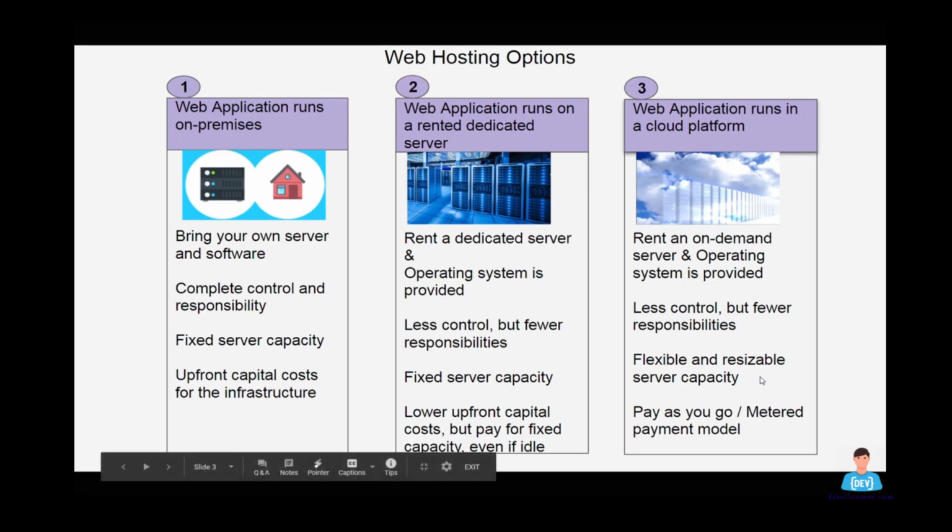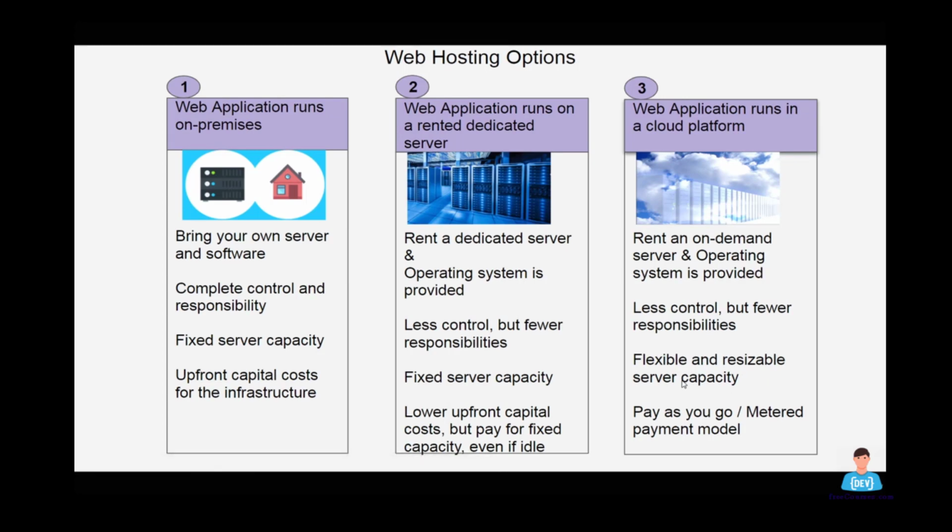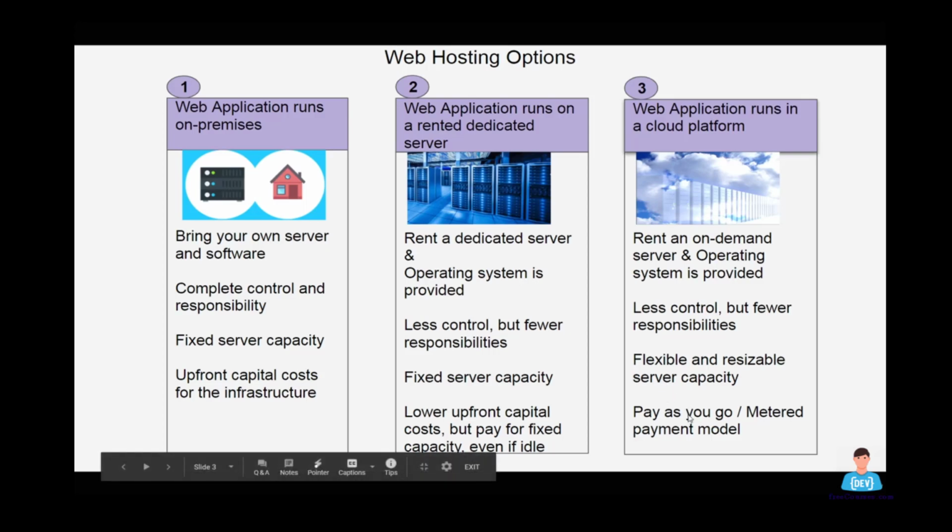So now in the third option, the cloud computing option, you rent an on-demand server, which is very flexible and resizable, and they offer you a pay-as-you-go model. In other words, you pay only for what you use.